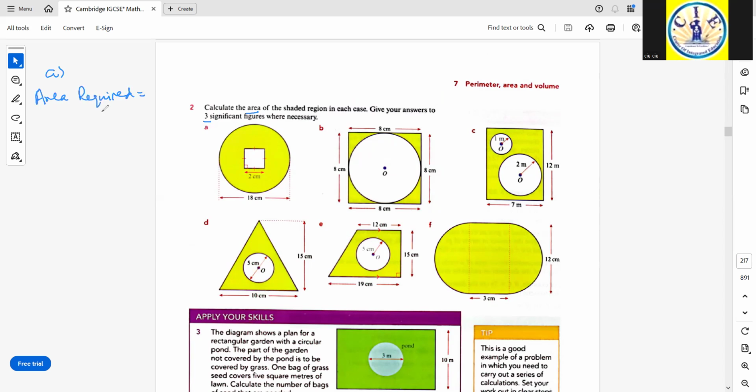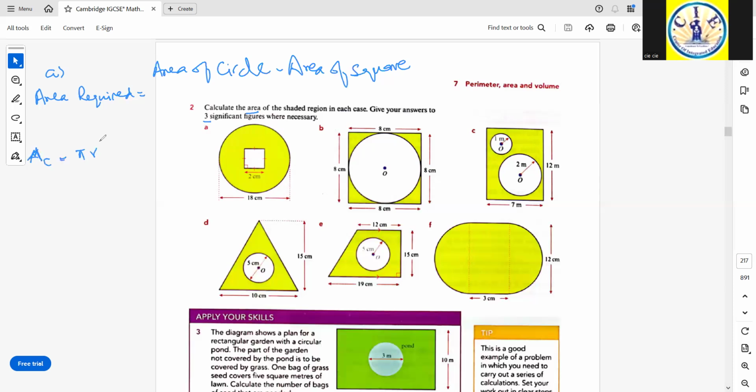That is the area of the circle, from which we need to subtract the area of the square. Okay, first of all, the area of the circle.